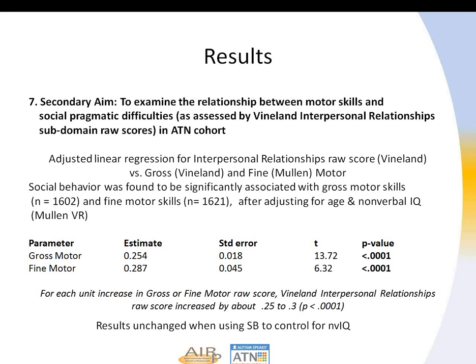Just as a point of clarification for those of you who might be questioning this: although there's a fairly large N available for the Binet, as I said earlier, when we are interested in looking at these relationships between motor and speech and language and motor and social pragmatics, and controlling for IQ, the Stanford-Binet was not always available. So to maximize our N, we went with the Mullen visual reception as our default measure for the most part for nonverbal IQ.